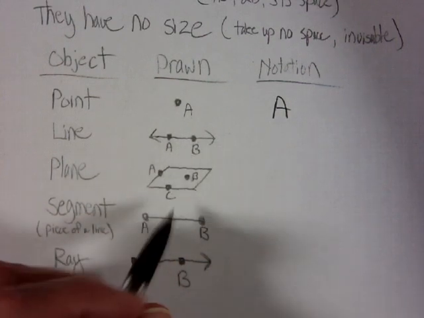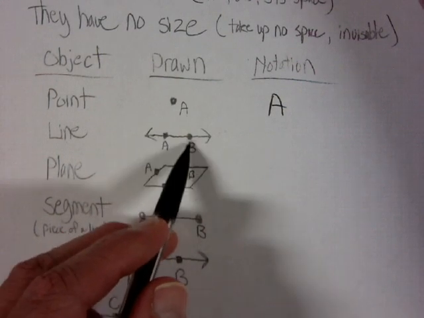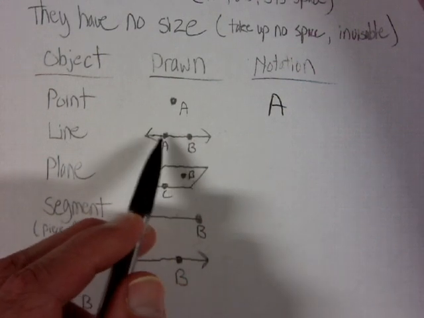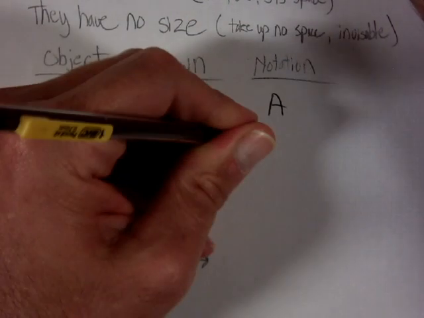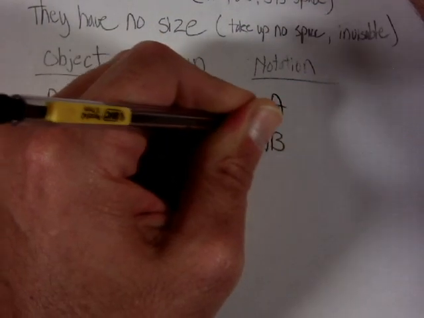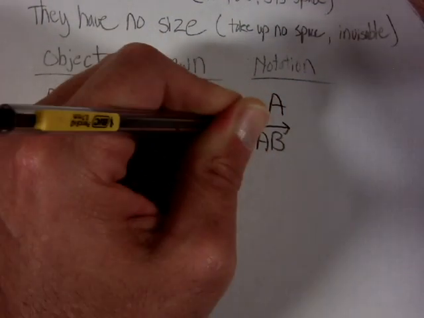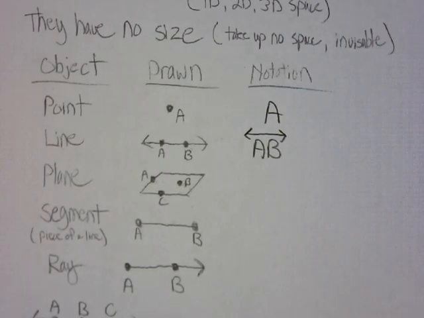For example, if I have point A labeled here and point B labeled here, 2 is all I need. So now I can name that line as line AB. I'll use the letters, and then notice what else you do for the notation: you must put the line symbol above those 2 letters.